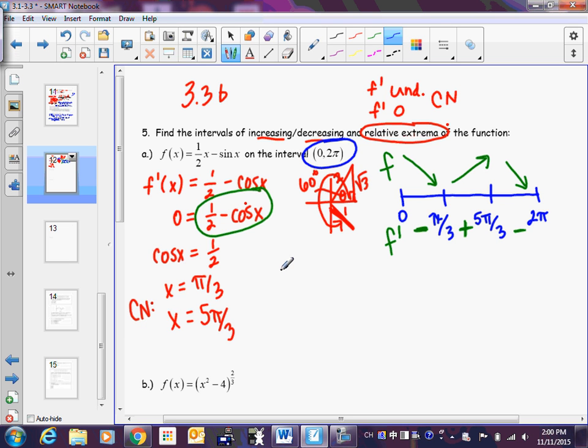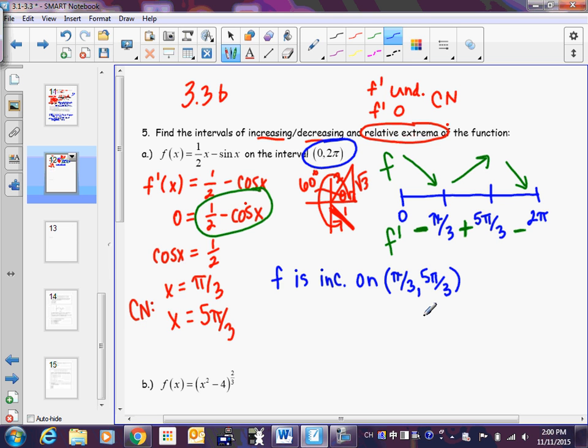Okay, so you may or may not remember this part, so I'm going to go over it again. F is, and we can abbreviate here, increasing, and we have to write the interval. So just look where your increasing arrow or arrows are. This is from pi over 3 to 5 pi over 3.